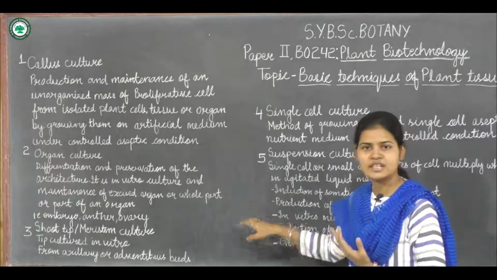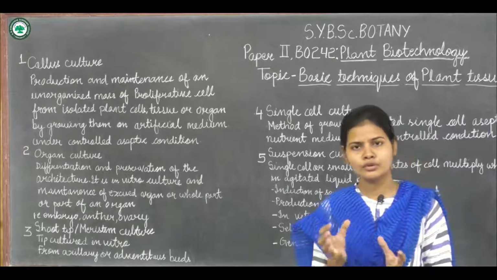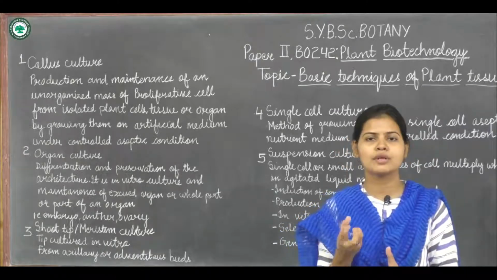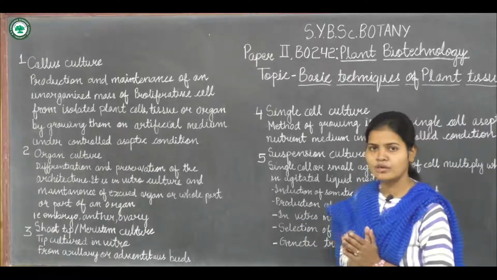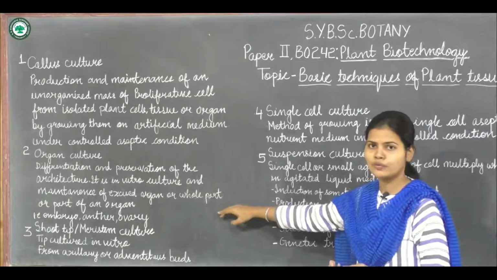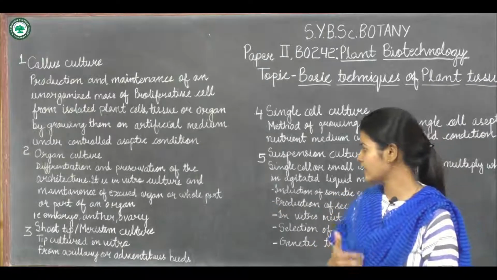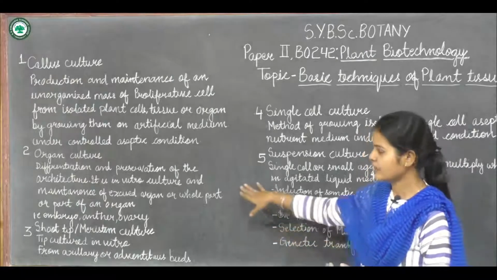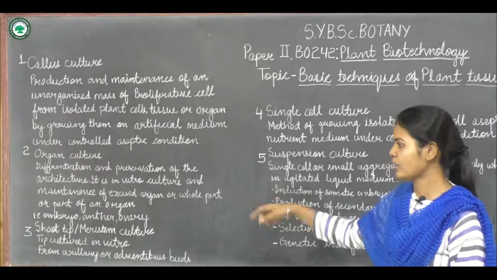In this culturing, we can culture not only a particular cell but also a group of tissues, or a complete organ can be cultured. That's why it is called organ culture. The things which we can use for organ culture can be embryo, ovary or anther. So these are the things which can be regrown by organ culture.